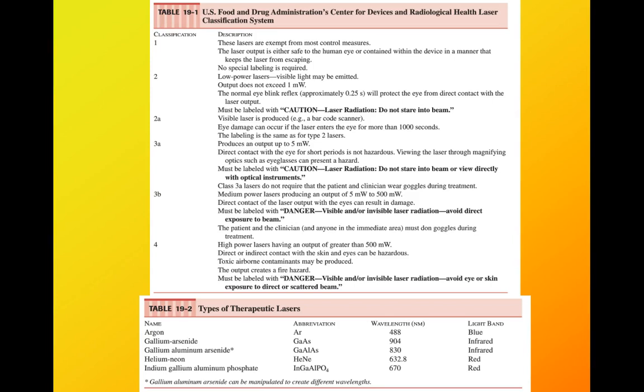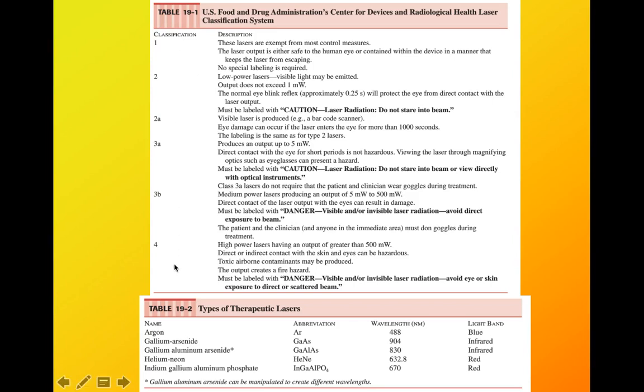Before you go watch the video on laser production, a little bit more on the classification of lasers. The FDA Center for Radiological Health has a laser classification system. The FDA classifies lasers from class 1 through 4, with 1 being the lowest risk, based on the potential amount of power that the laser can produce.